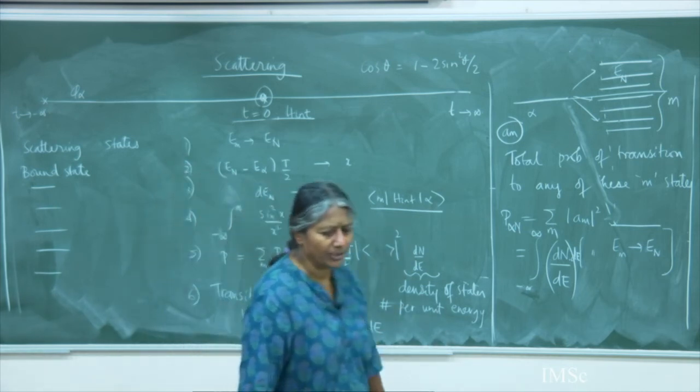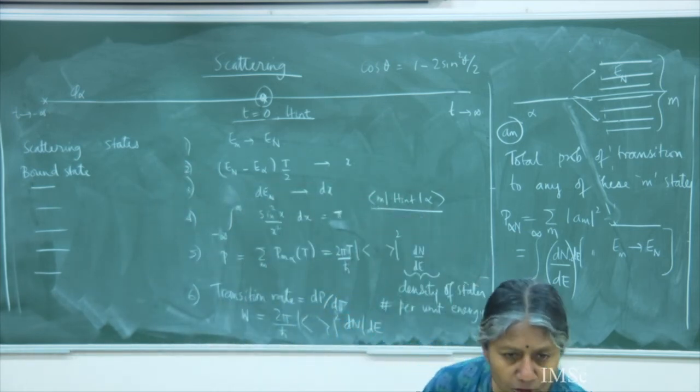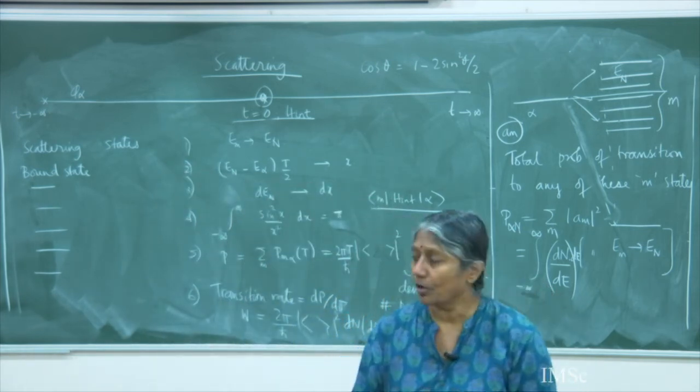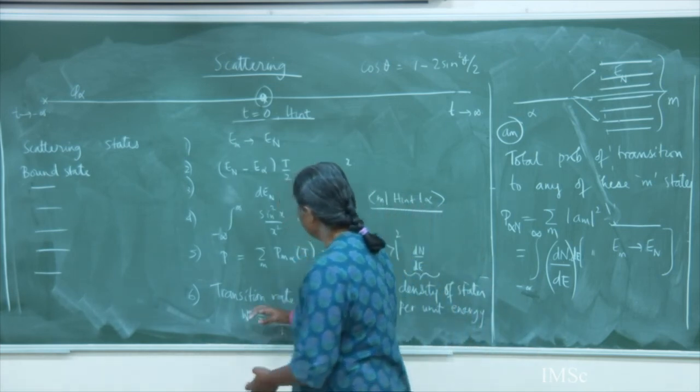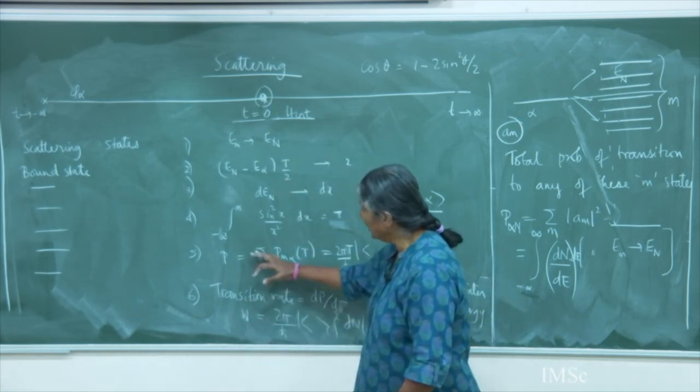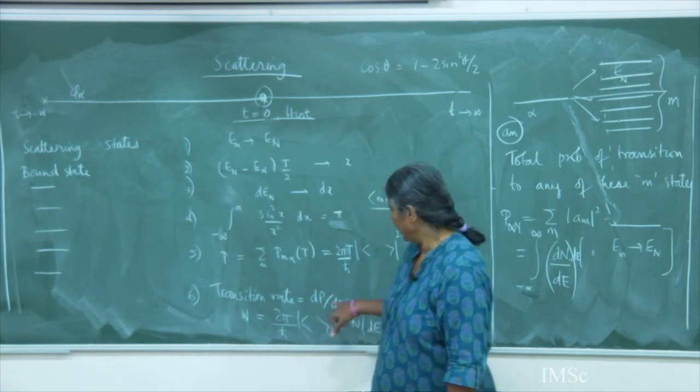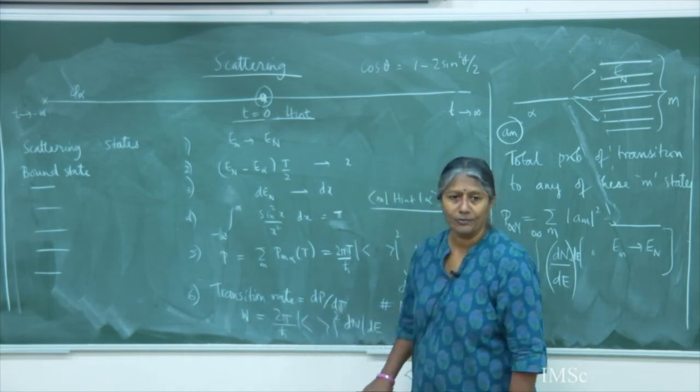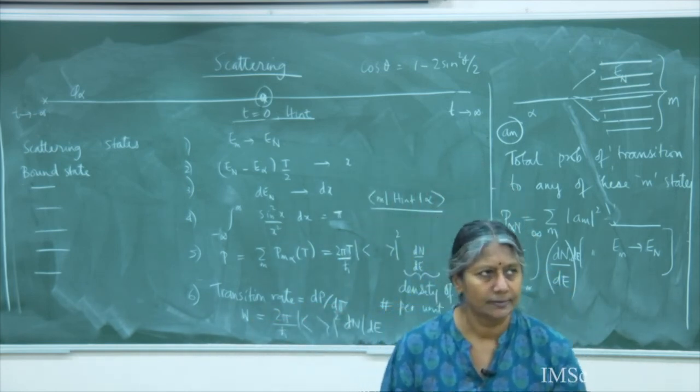You don't know what that capital T is and you get rid of it because you're asking what is the transition rate, which is the transition probability per unit time. So that T just goes away and that's what you have. Okay, some question? Yes, ma'am.